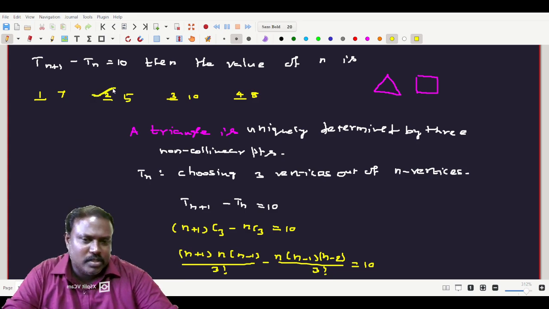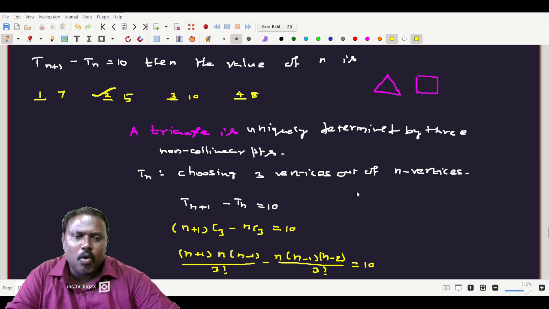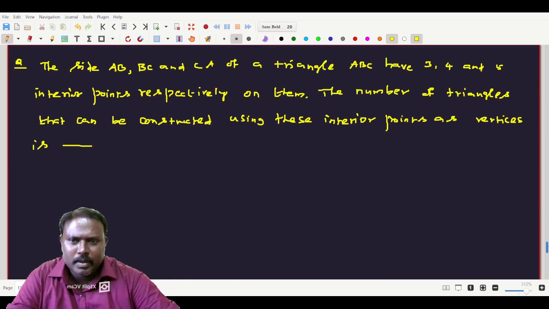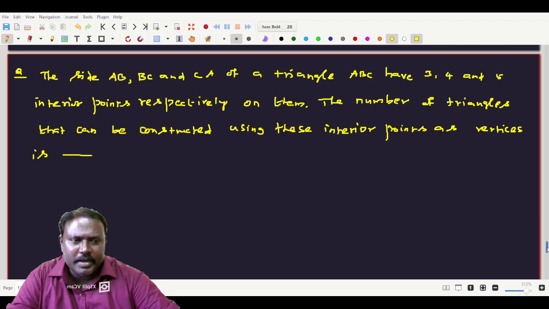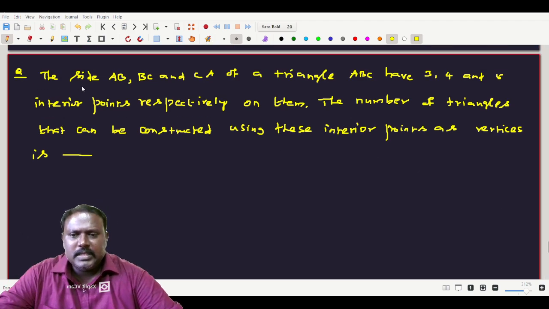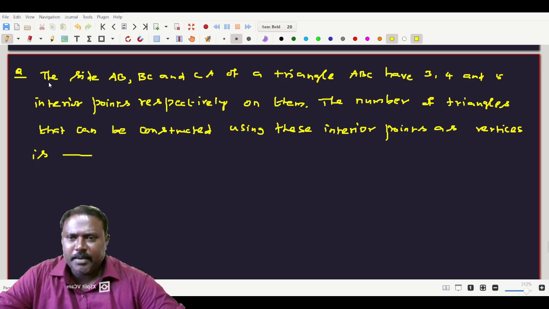See, actually this is a very interesting problem, right? So when n equals 5, this will hold. Now let us see the next problem. Look at this problem. This is also one of the wanted problems in JEE Mains.